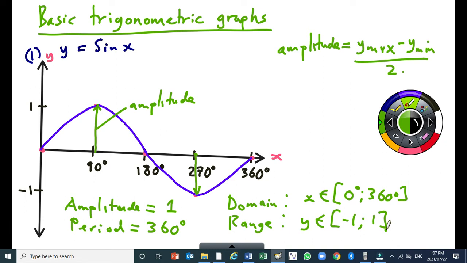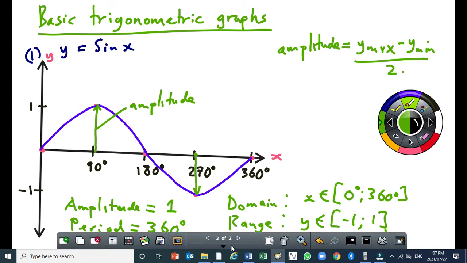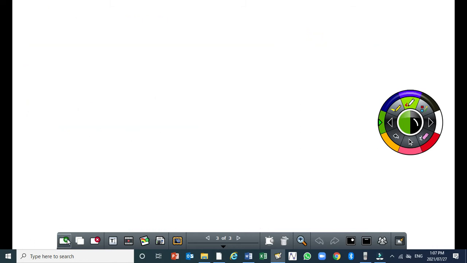That's why, when I teach the graphs of sine and cos, I teach them together, and then the graph of tan separately, because sine and cos are related. So if you shift this graph by 90 degrees to the left, you get the graph of cos. So let's sketch the graph of cos.